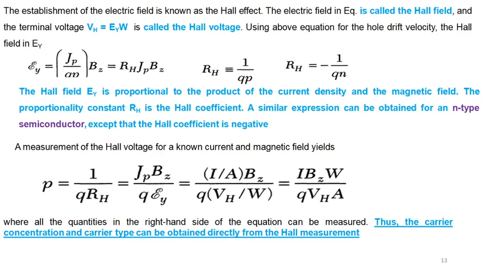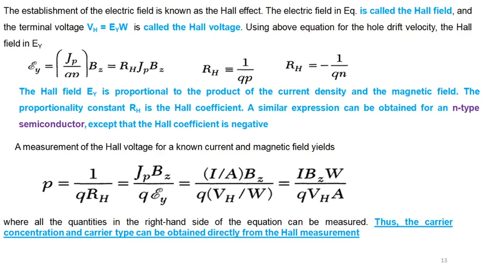This is just all equations you have gone through in your solid state physics at graduation. E_y is equal to R_H J_p B_z. R_H is the Hall coefficient, and J_p is the current density due to the holes, because we are taking the sample material as a p-type semiconductor.